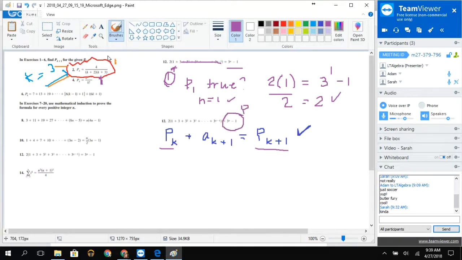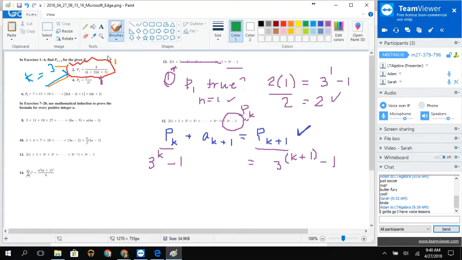Right now, P sub k would be 3 to the k power minus 1, and P sub k plus 1 is 3 to the k plus 1 power minus 1. These are talking about if we add up all of the numbers in our series, what does this formula say they're equal to?